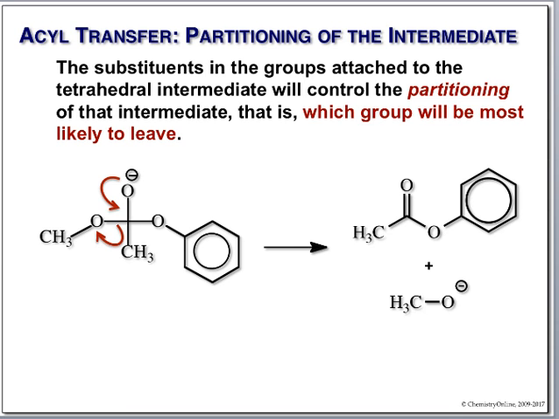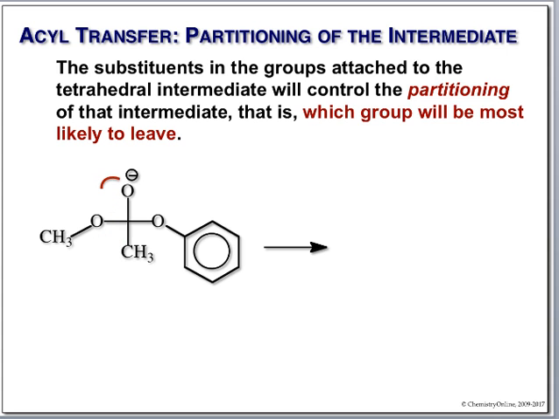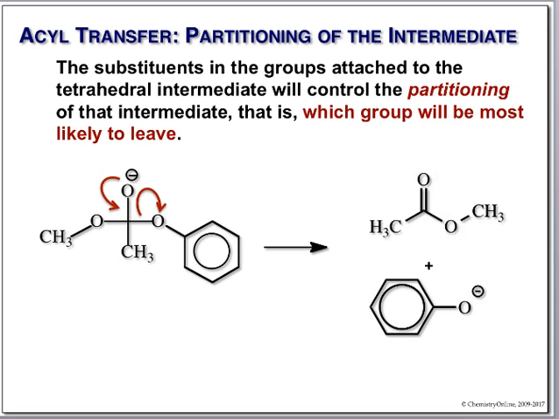One possibility. The other possibility is we do it this way. Electrons move in to make our double bond, and phenolate anion is our leaving group. And we have just made methyl acetate.